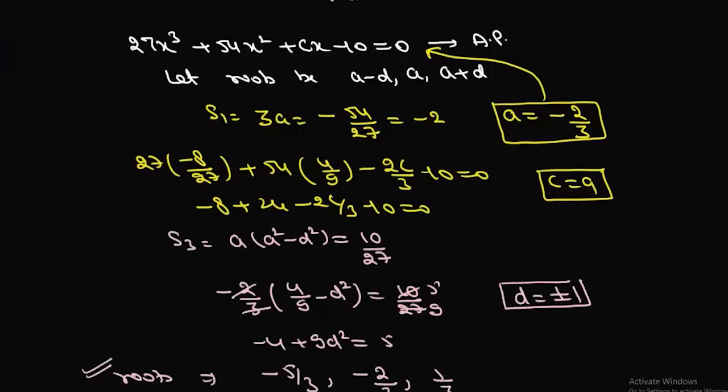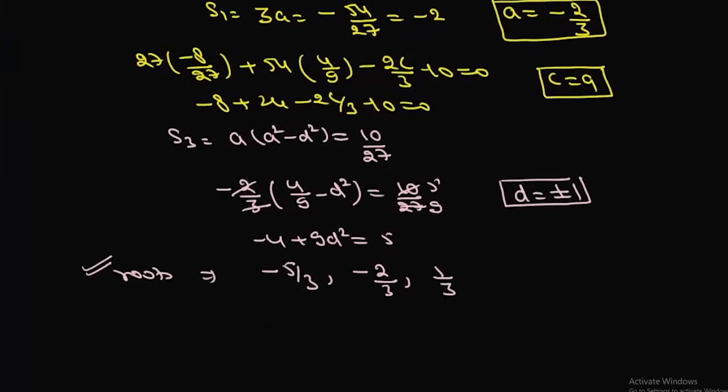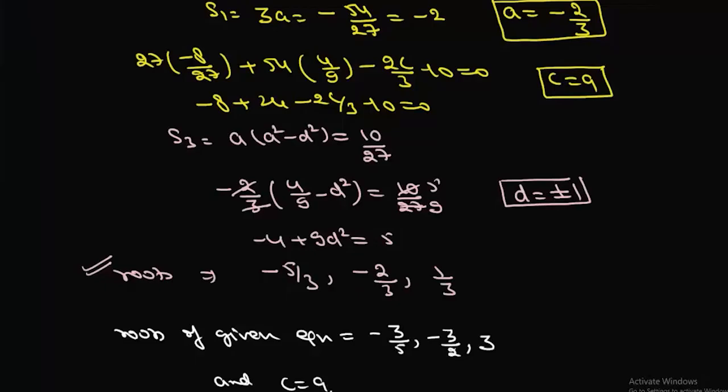So we need to find roots of the given equation. So roots of given equation, they will be reciprocal to these roots. So they will be minus 3 by 5, minus 3 by 2, and 3, and the value of c we have here is 9. And that is the answer to this question.